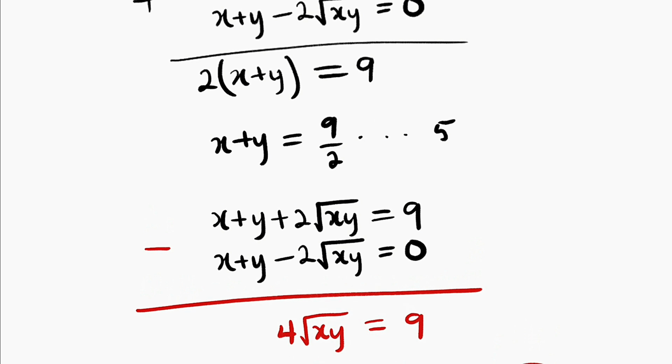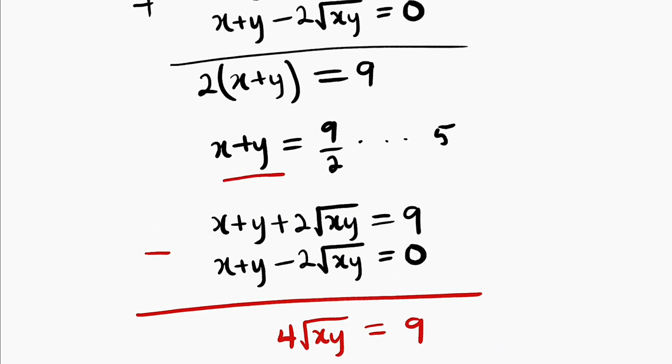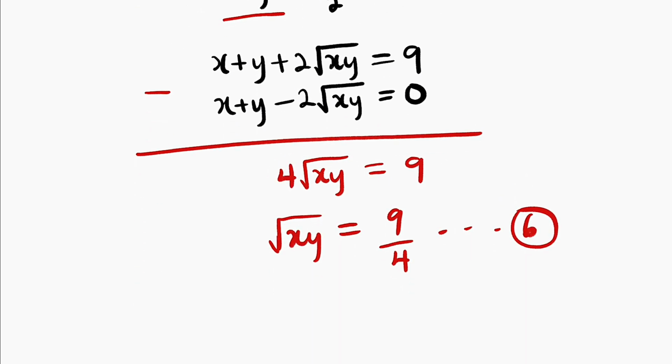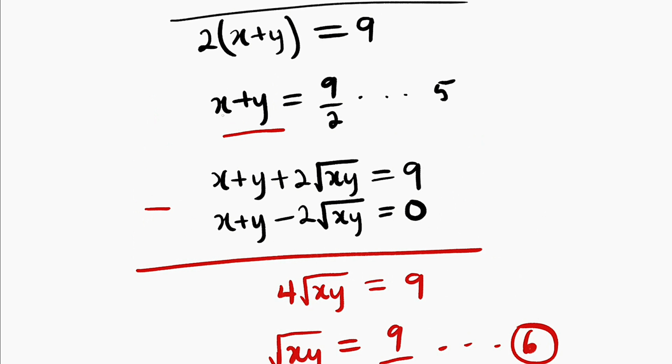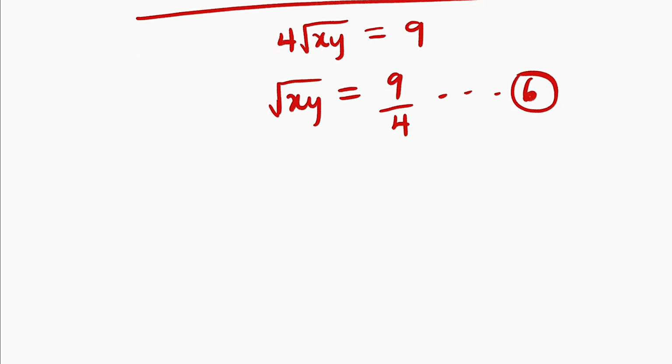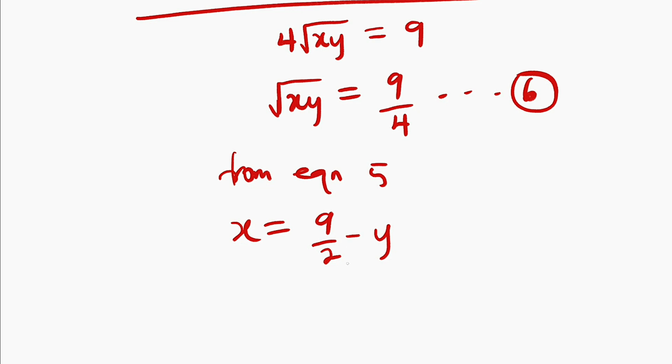Now we can make either y or x the subject here, then substitute it into equation 6. From equation 5, you can see that x is equal to 9 over 2 minus y, and we can directly plug it into this equation.